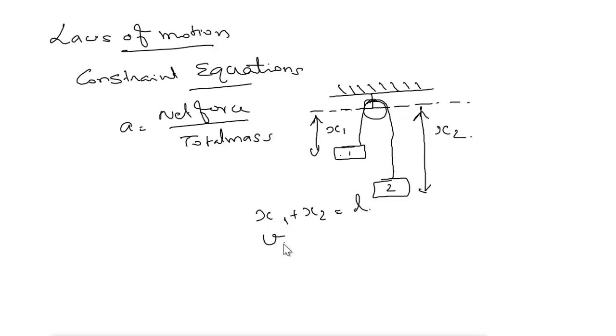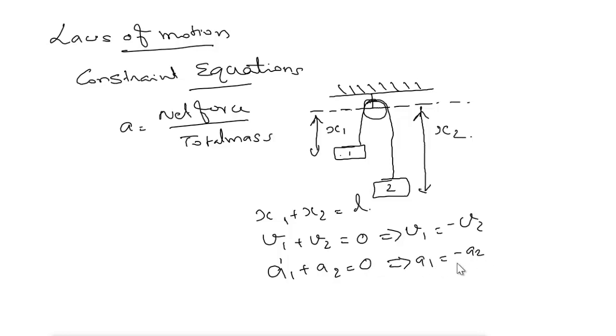To find the velocity, I differentiate: v1 plus v2. Differentiating a constant gives 0, so v1 equals minus v2. Differentiating once more, I get a1 plus a2 equals 0, that is a1 equals minus a2.